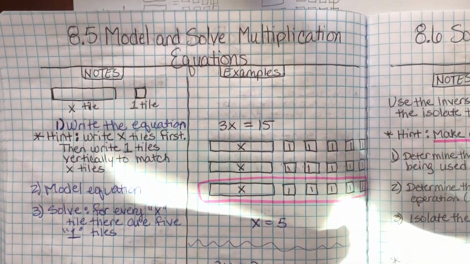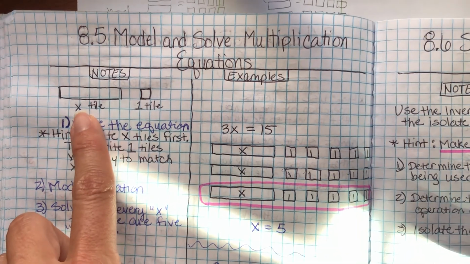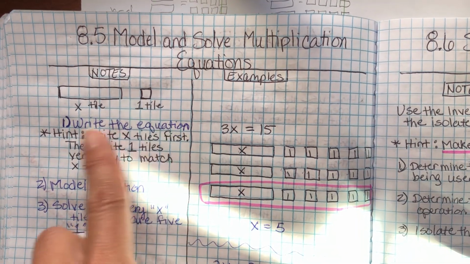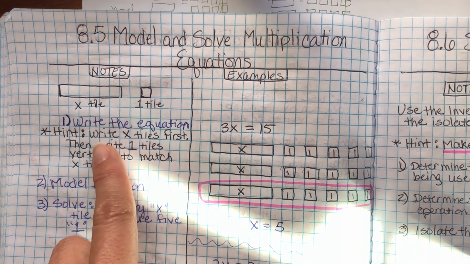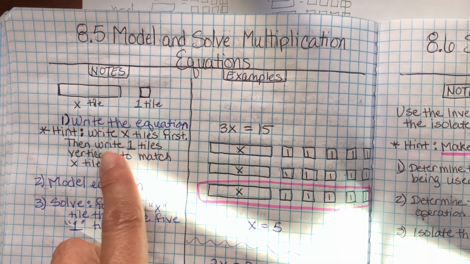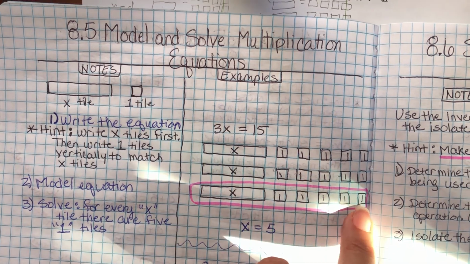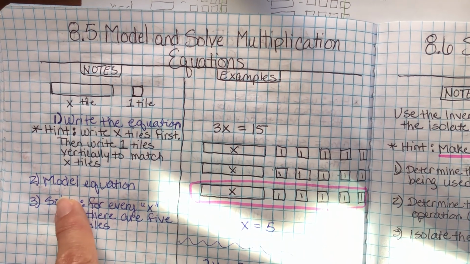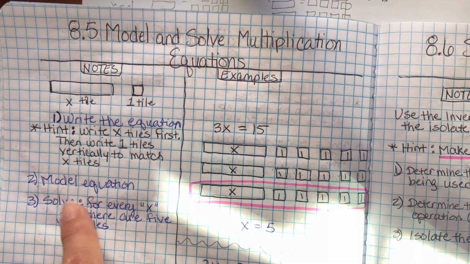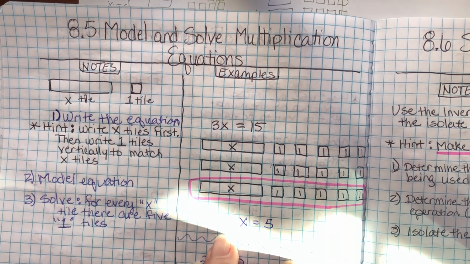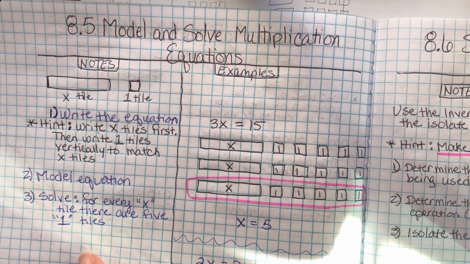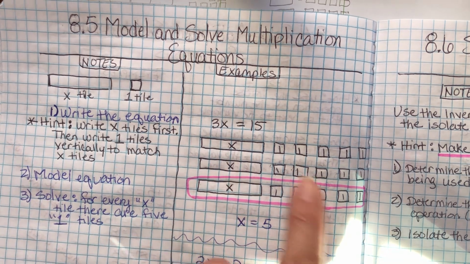This is an x tile, this is a 1 tile. First you write the equation, write the x tiles first, then write 1 tiles vertically to match the x tiles. Model the equation, which we have here. Solve. For every x tile, there are 5 1 tiles.